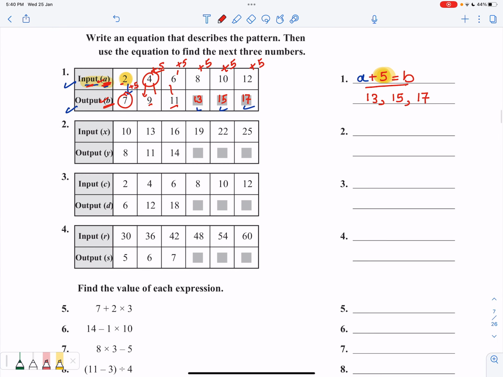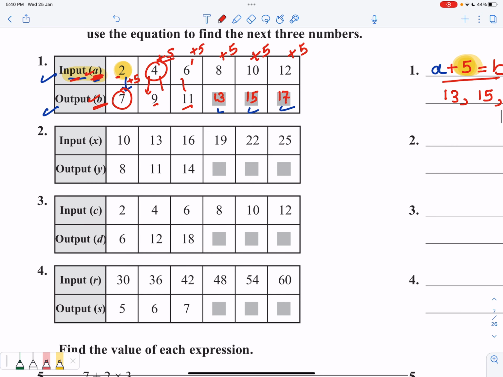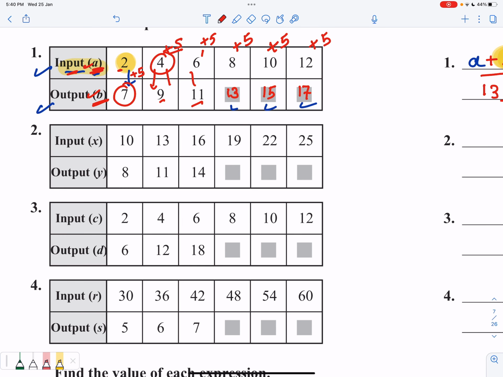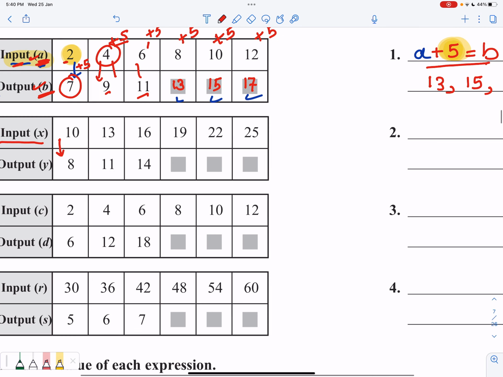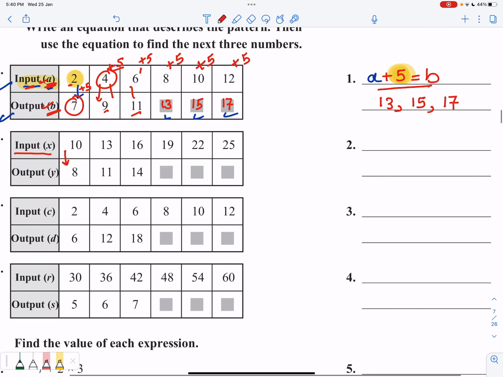Let's do the other question. Here we have 10. We're starting with the input, that is 10. Then this 10 converts into an 8. So, to write the equation, first we write the letter of the input that we have, which is x. Now we're going to take a look at the inputs, the numbers here.